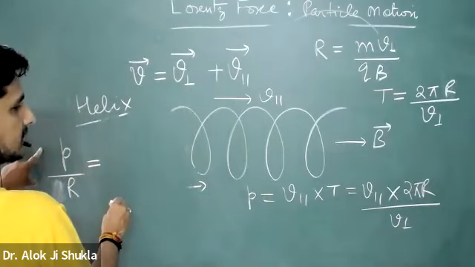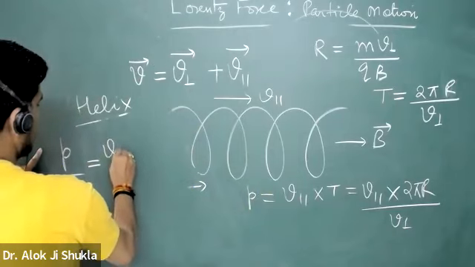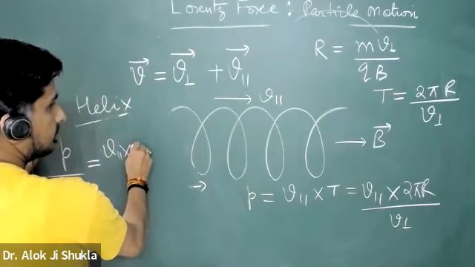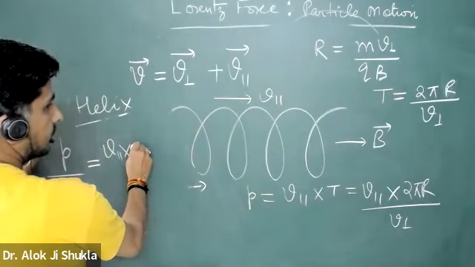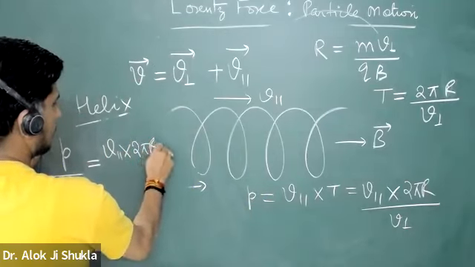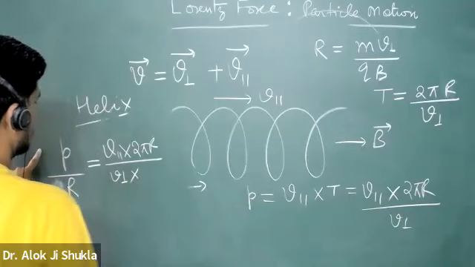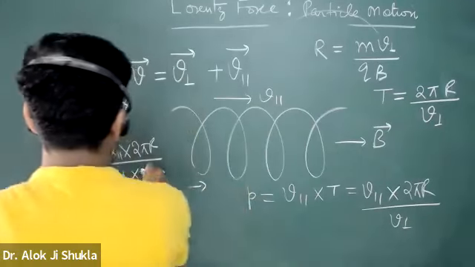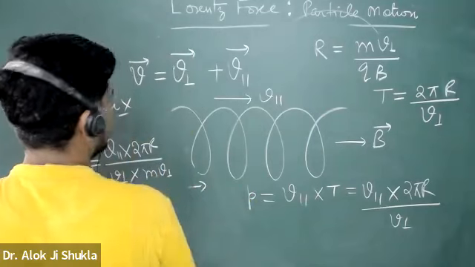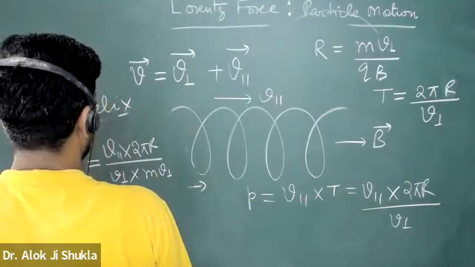So P by R, what is P? V parallel into 2 pi R upon V perpendicular. And what is R? It is m V perpendicular by qB.